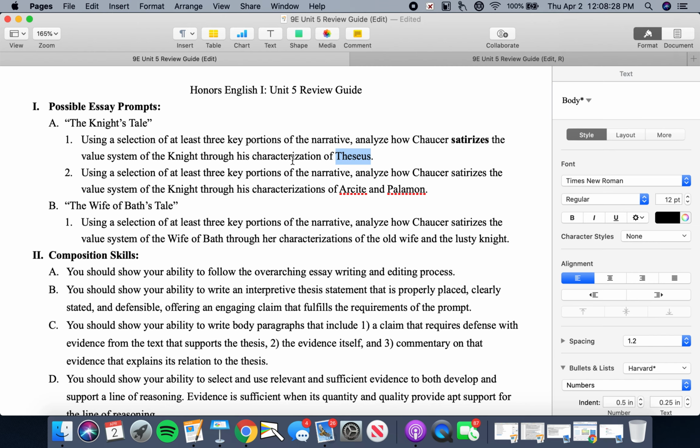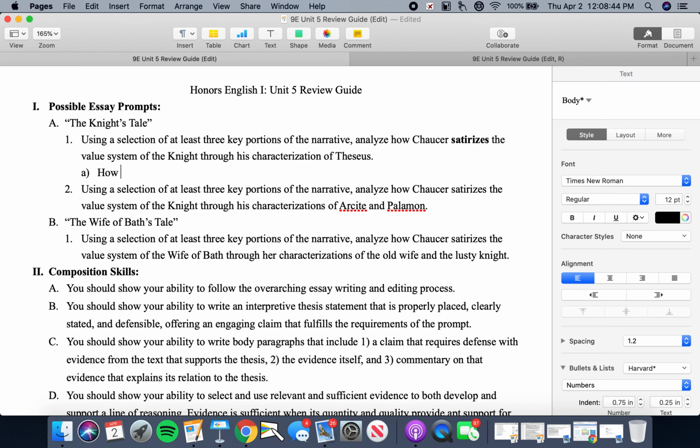What does Theseus value? What does Theseus represent? All right, what is Theseus meant to be read as a representation of in the knight's tale? That's the first question that you need to answer. How is Theseus characterized, right?